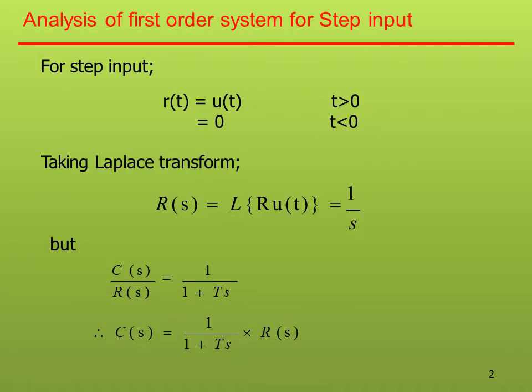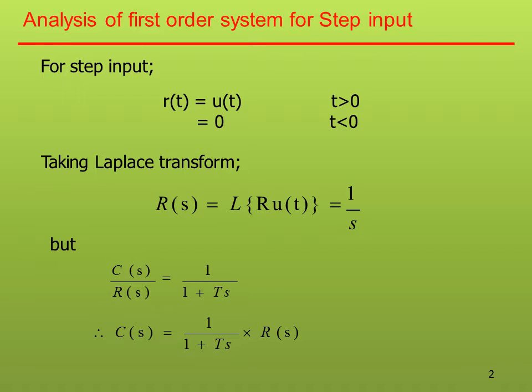Recall that for the step input, r(t) is equal to u(t) for t greater than 0, and it is equal to 0 for t less than 0. So for the negative values the step input is 0, and starting from 0 to positive values it has a constant output.